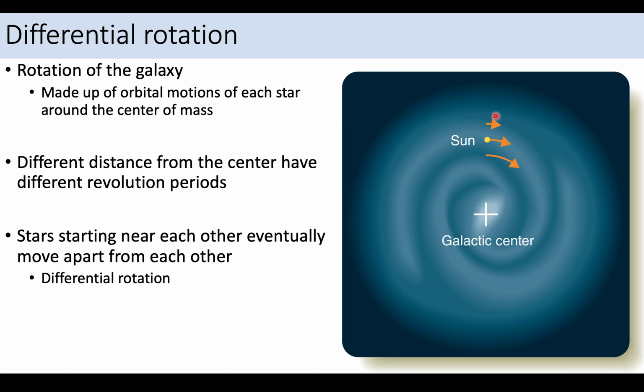Stars on the outside, it takes even longer to rotate around because they're further away. Their circumference is larger. So stars that maybe start close together are not going to stay together for their whole lifetime as they rotate around in our galaxy. So this is differential rotation: the different rates of rotation as you move from the galactic center outward.